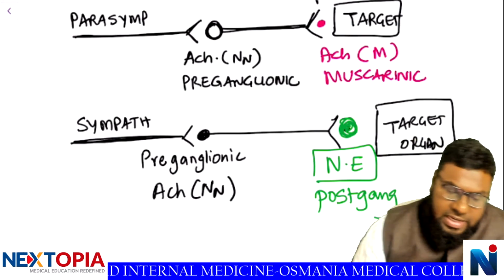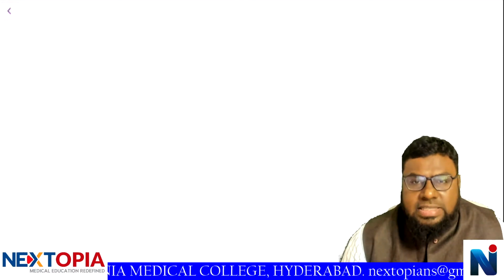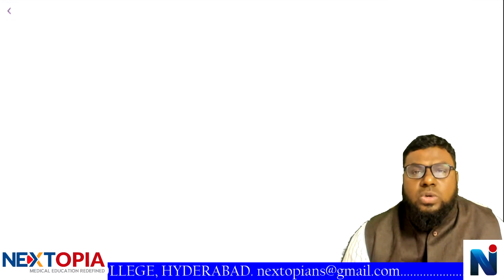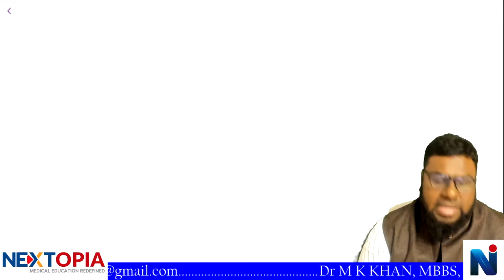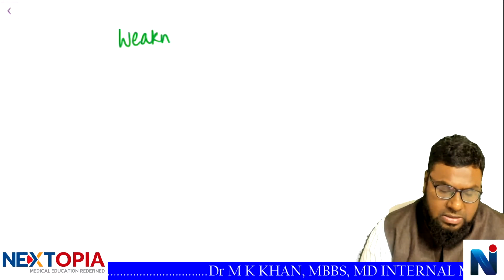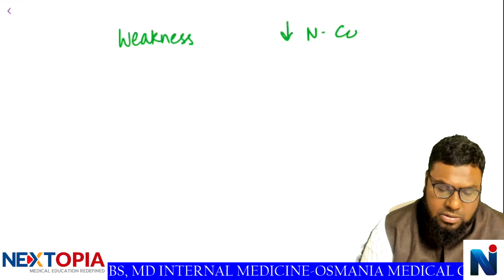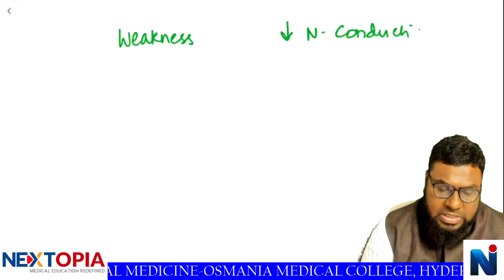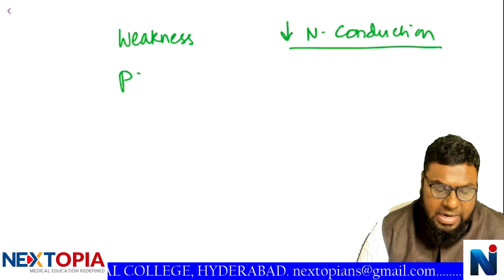Now let us try to understand a few clinical scenarios which cause decrease in nerve conduction. Decreased nerve conduction could result in muscle weakness, or it may bring about paralysis.